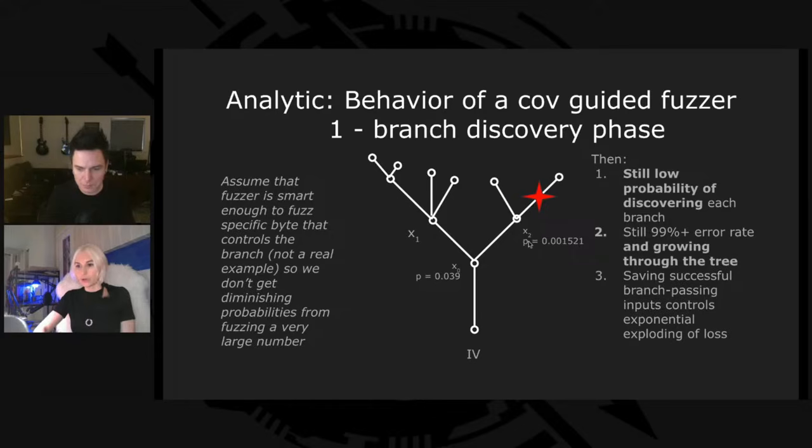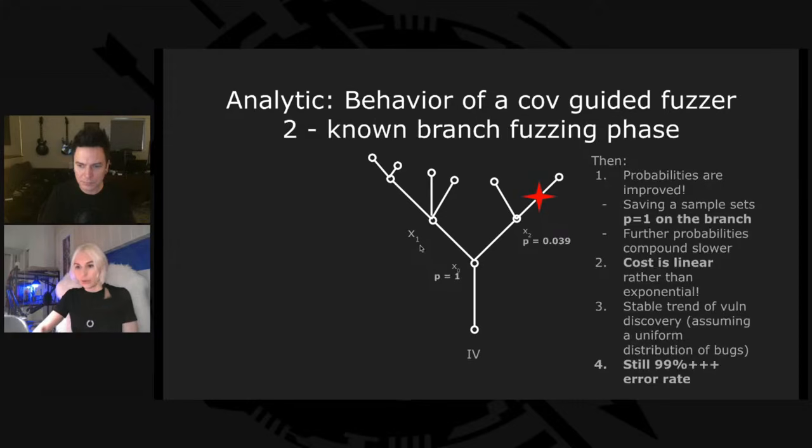Then it starts compounding and compounding, even in this simple example with just 1 byte values, even for coverage-guided fuzzing. The only real thing that coverage-guided fuzzing added is the ability to save a successful test case, which will effectively collapse the probability of passing some branches to 1.